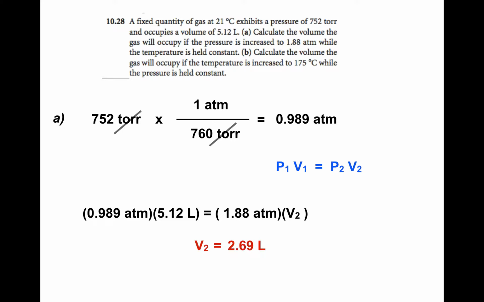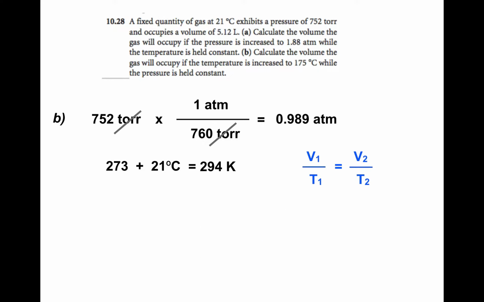B, calculate the volume a gas will occupy if the temperature is increased to 175 while the pressure is held constant. So if the pressure is held constant and we're changing the temperature, this is an example of Charles' law. So we have the pressure in atmospheres, and we have an initial condition, and we're changing it to a new condition.